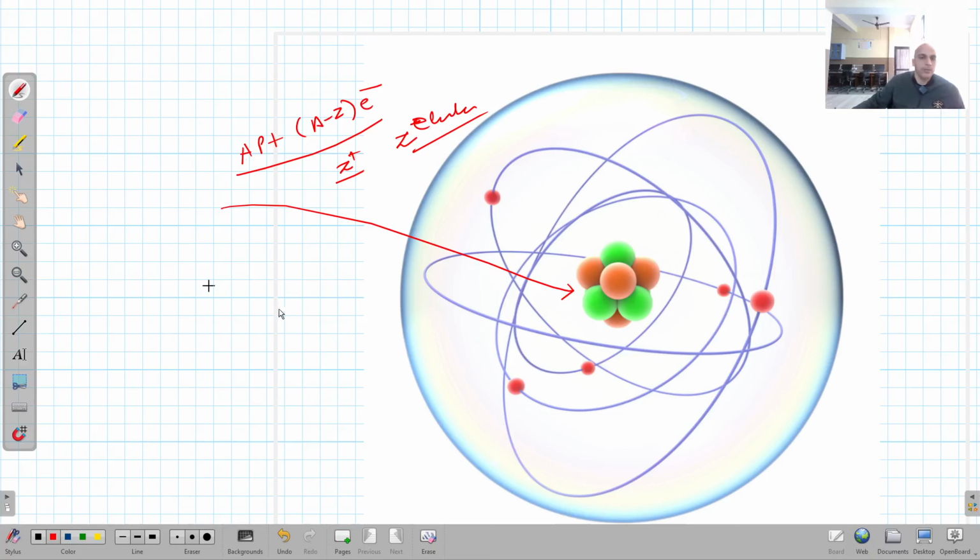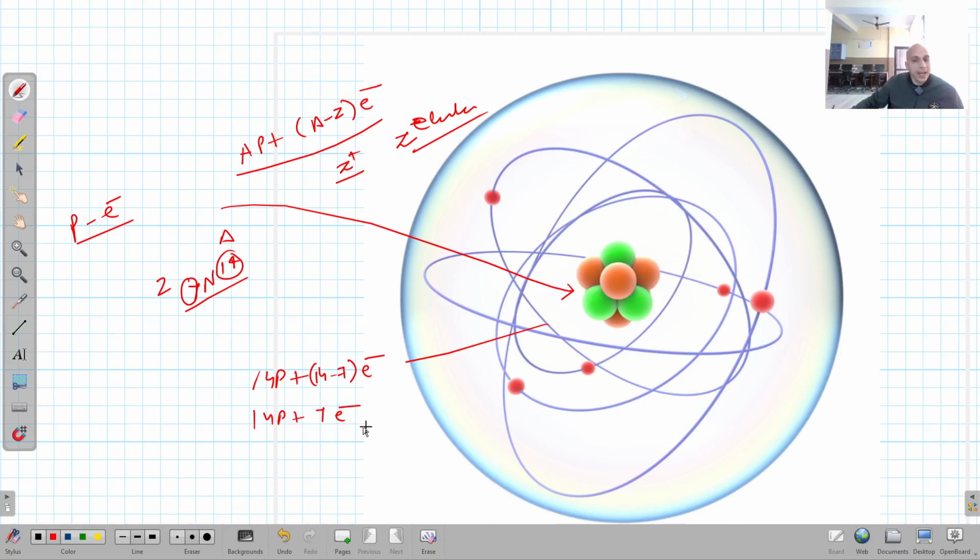I can give you an example. Suppose I have an atom, 7 nitrogen 14. According to this proton electron theory, as A is this and Z is this, the nucleus should have 14 protons plus 14 minus 7 electrons, meaning 14 protons plus 7 electrons, and 7 electrons are revolving around the nucleus.